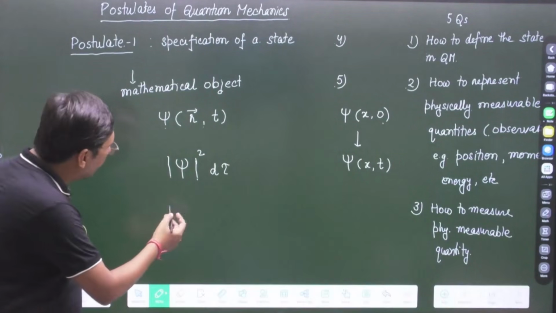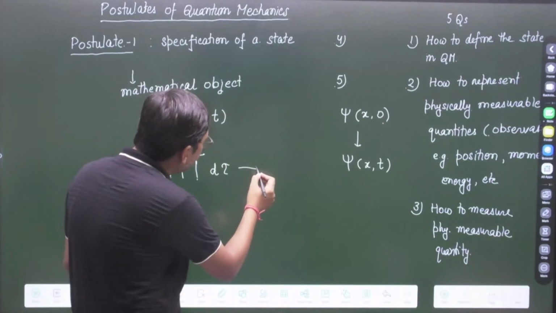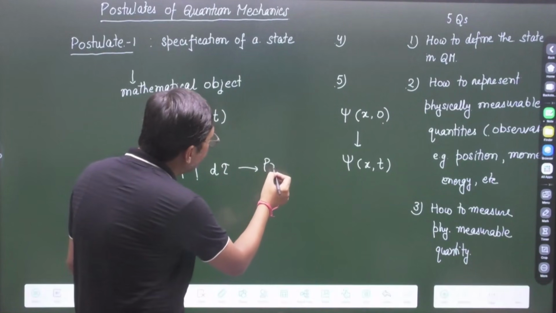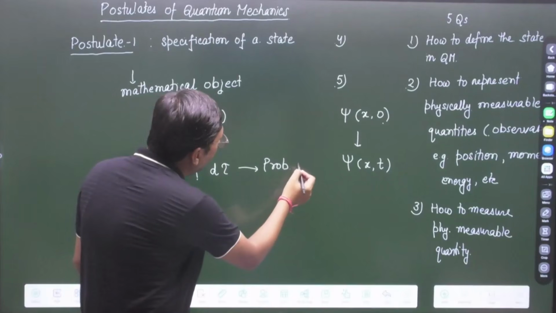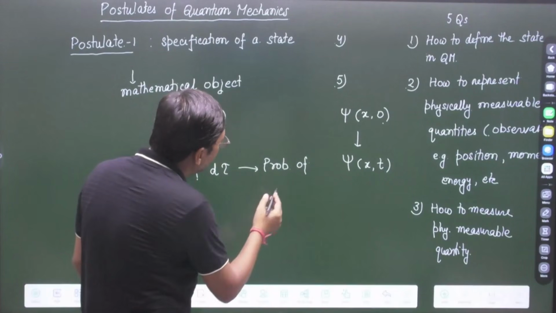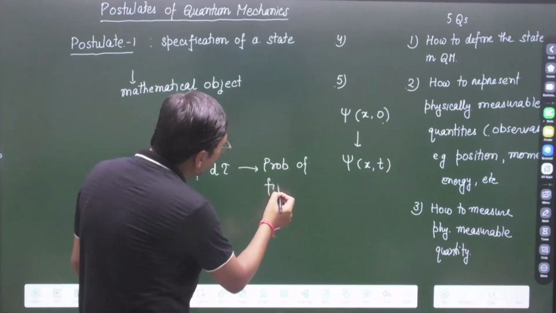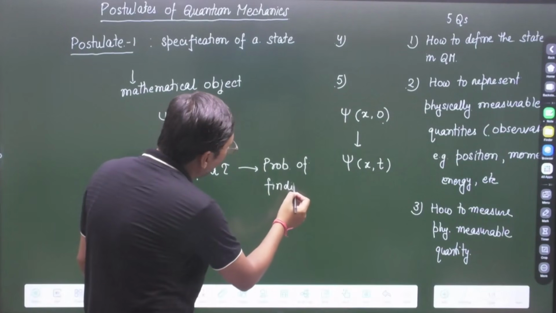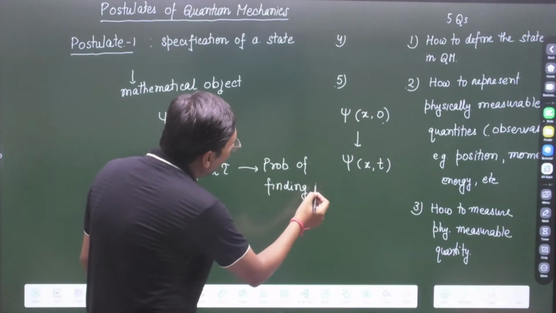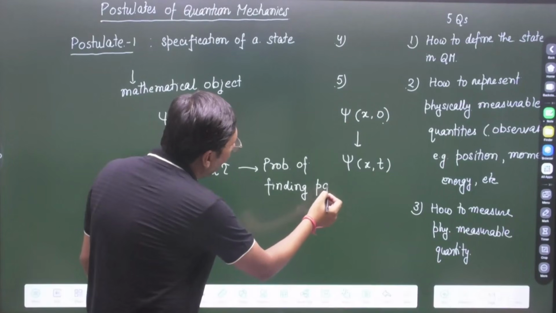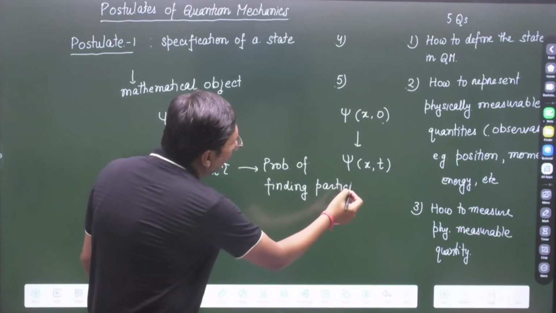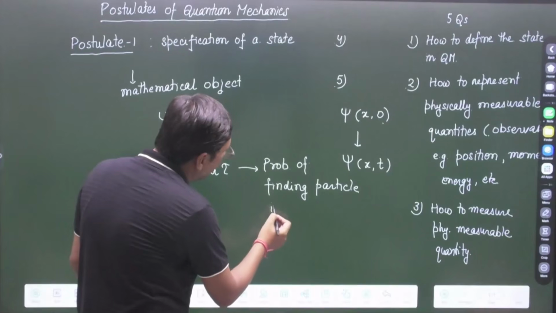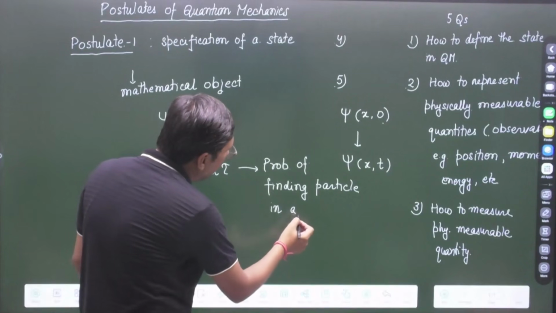So psi square is actually the probability of finding the particle in a tiny volume dτ.